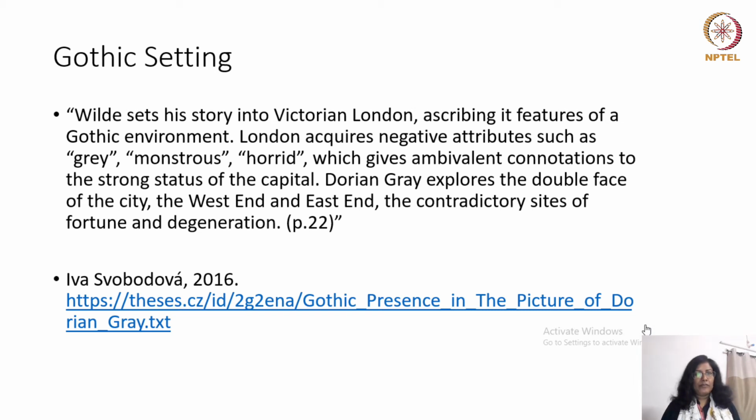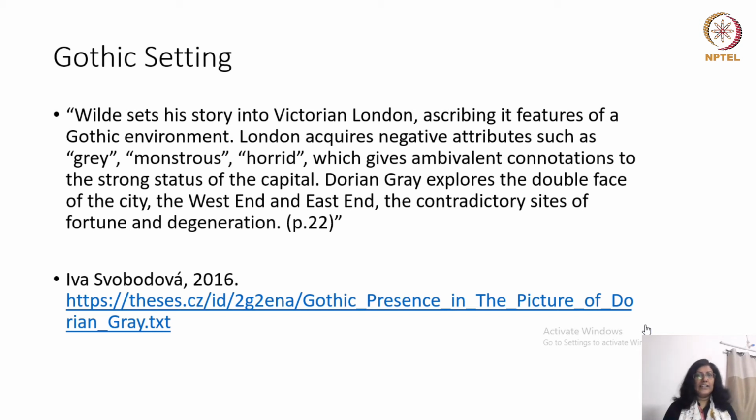The setting is Gothic in this novel. It is an urban setting, it's Victorian London, yet we understand that the Gothic can exploit the urban and its fabric for its own purposes. Therefore, despite this urban locale, we understand that Oscar Wilde is portraying its Gothic face in this particular novel.